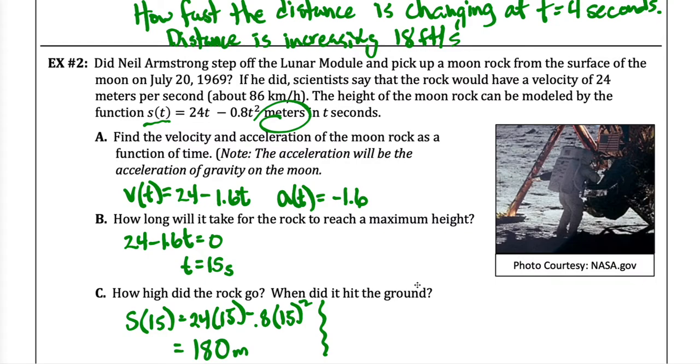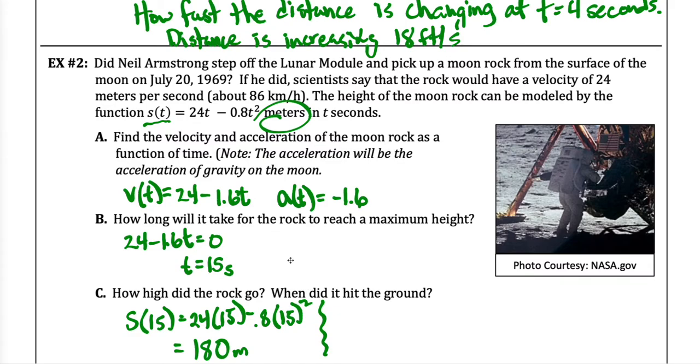No, that's the height of the object at the top. What's the height of the object as it hits the ground? 0. Yeah, so at the very top it's at 180 meters, and since the question is phrased when it hits the ground, that's a height of 0.